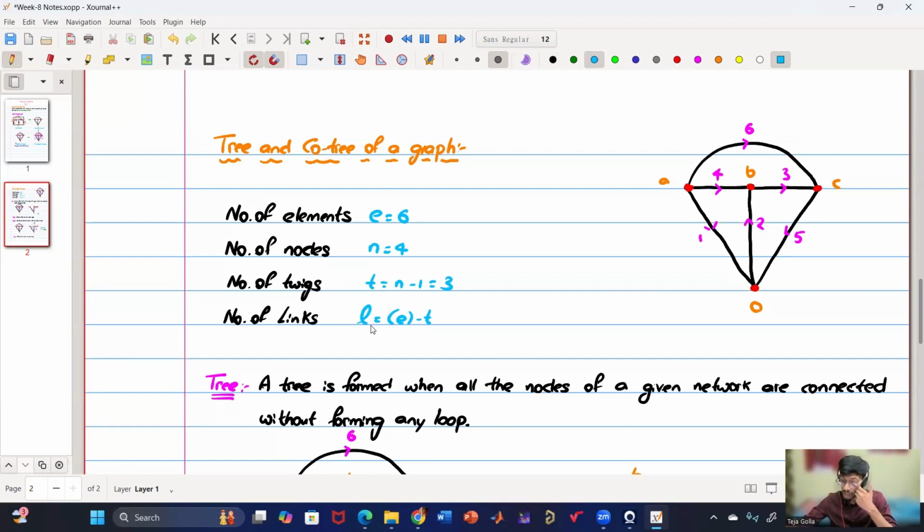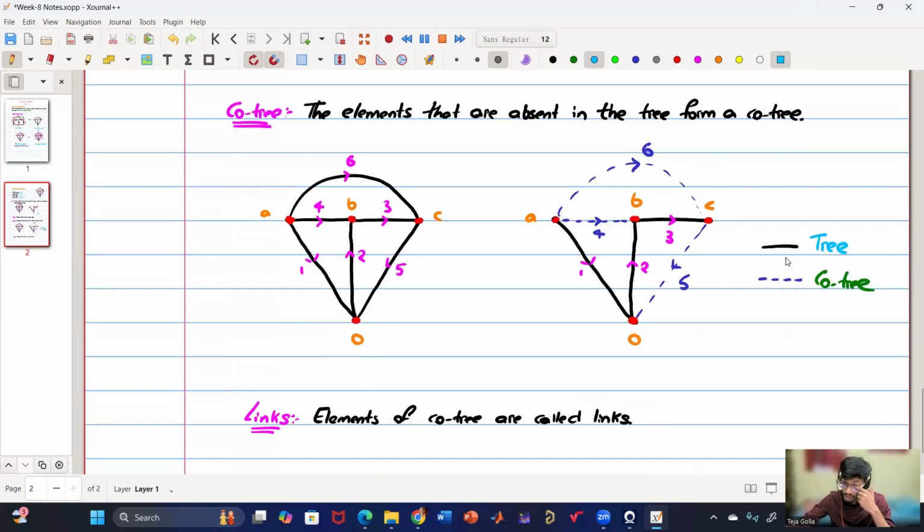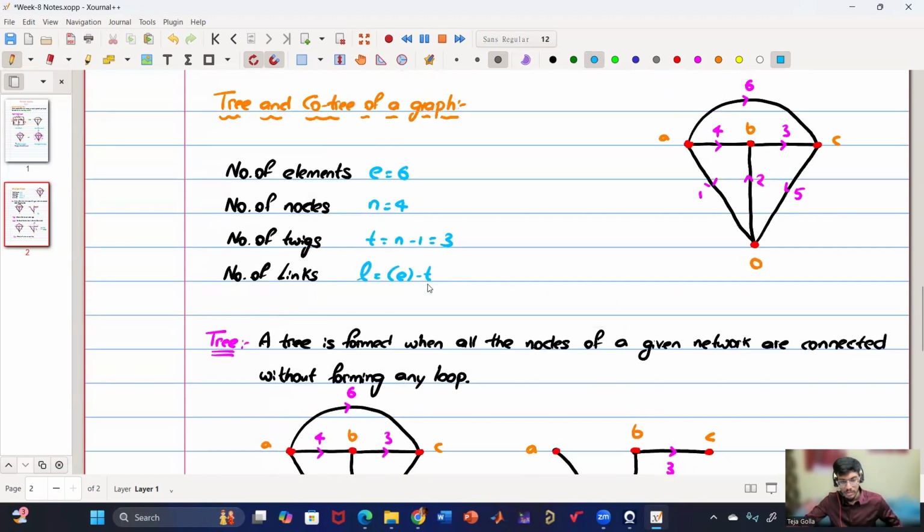The tree has T twigs and the total elements are E, so the number of elements in the cotree is E minus T. So the number of links is E minus n plus 1. E is 6, n is 4, so 6 minus 4 plus 1 is 3. Clear?